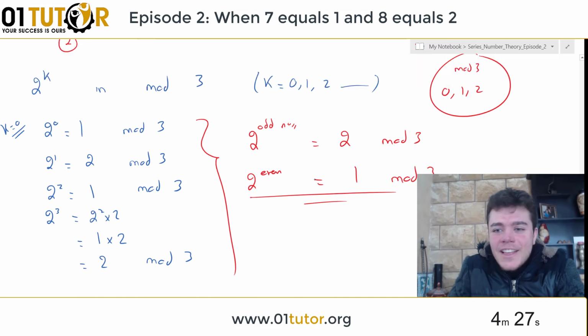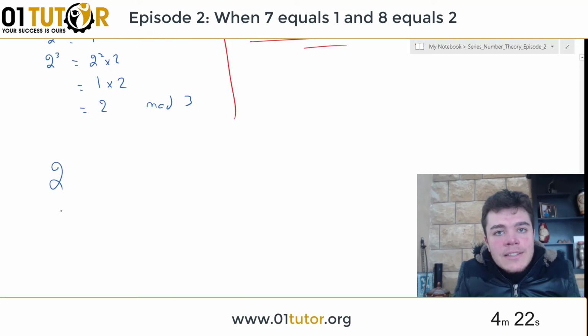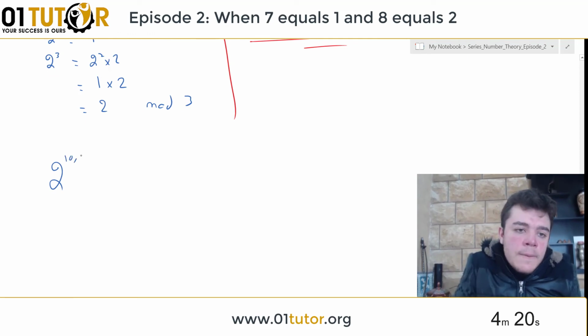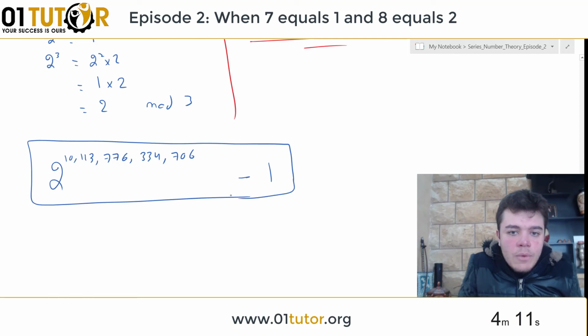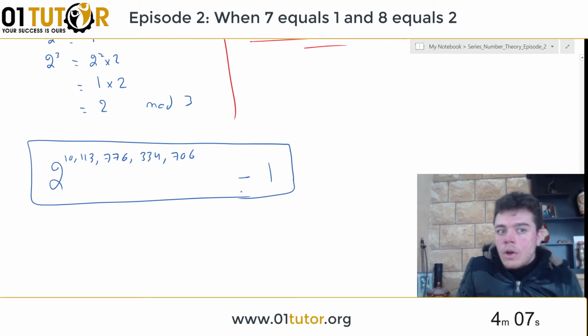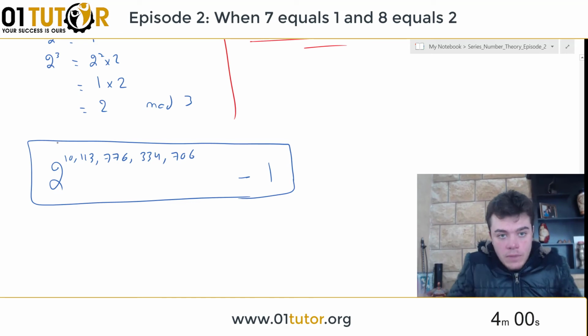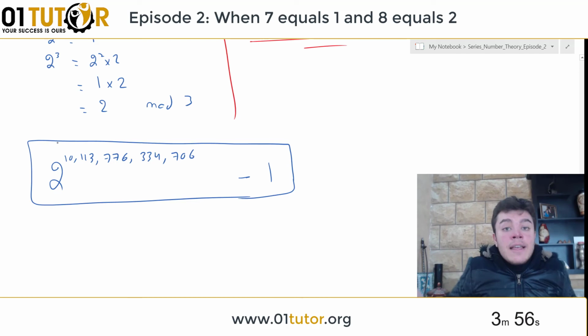Because if I tell you, check if this number is divisible by 3 or not: 2 to the power 10,113,776,334,706, minus 1. Of course you cannot calculate this number, because you are not going to finish, and the number is going to be very, very large.